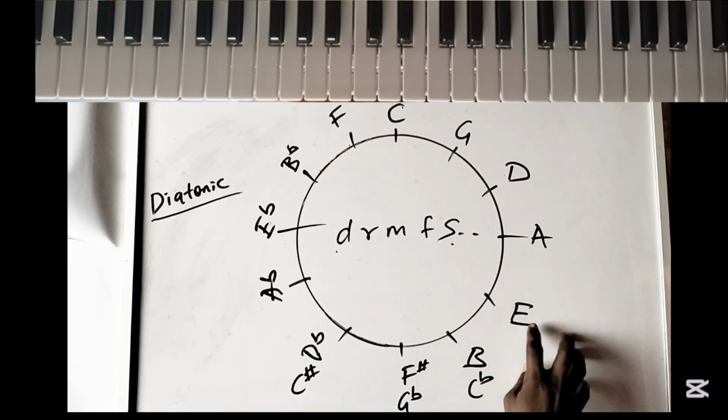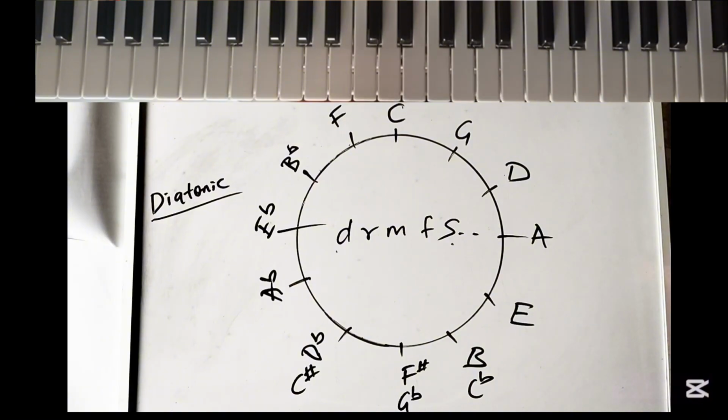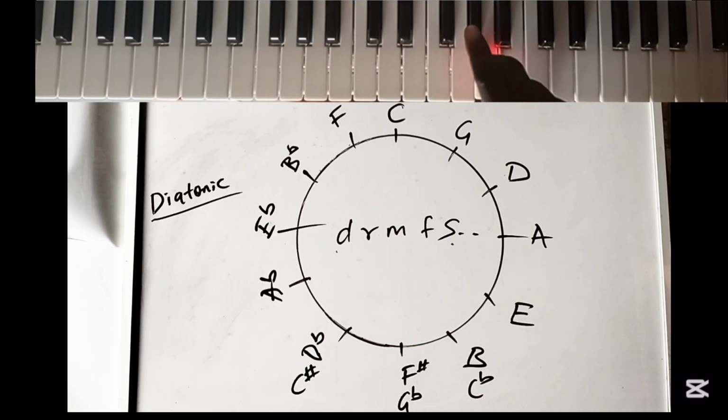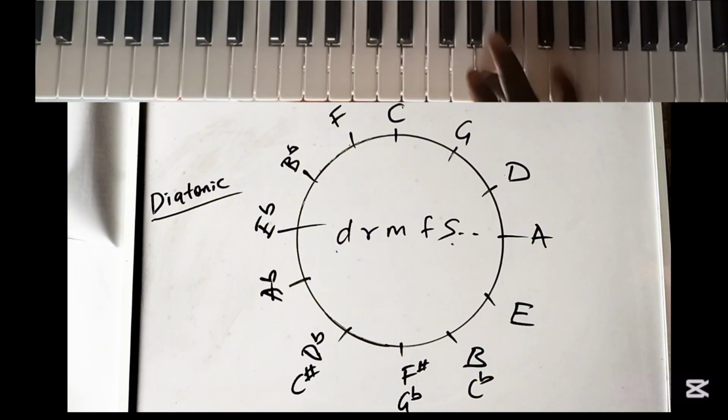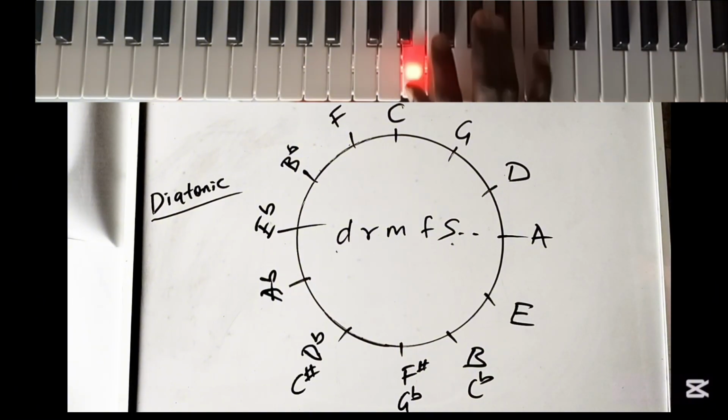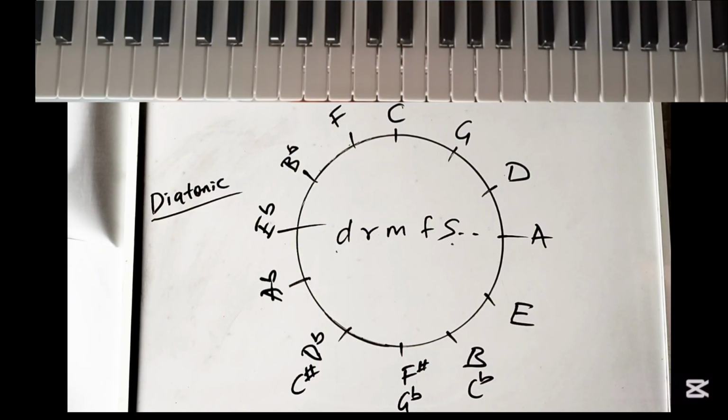Okay, from A to E, going down the scale, this is A. If you move down, you get to E. So how many notes? You see? Do, ti, la, so. Do, ti, la, so. You see it now?